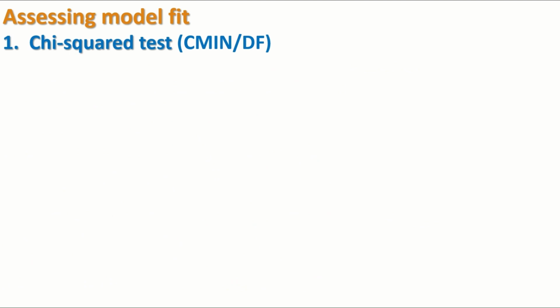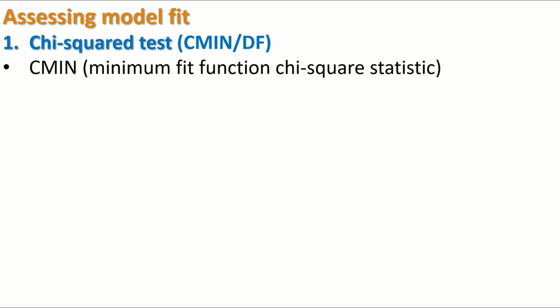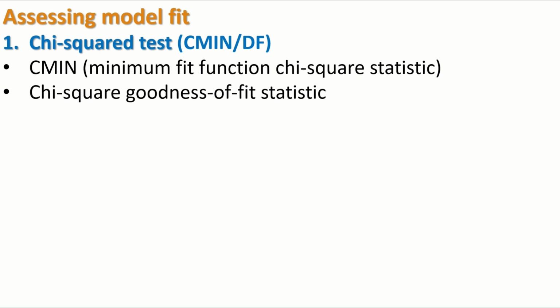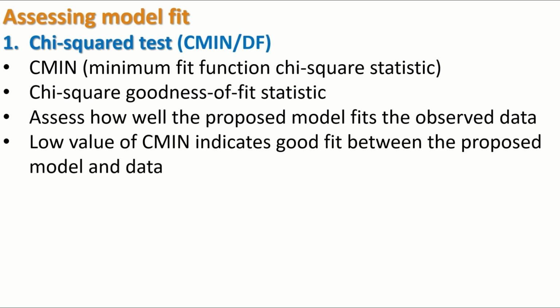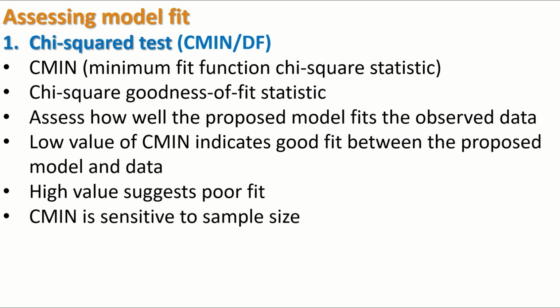To assess the model fit, first of all perform the chi-squared test. As shown here, CMIN is the minimum fit function chi-square statistic. The chi-square goodness of fit statistic is performed to assess how well the proposed model fits the measured or observed data. A low value of chi-square indicates good fit between the proposed model and the data. High values, on the other hand, suggest a poor fit.